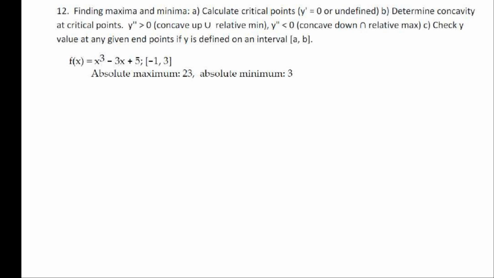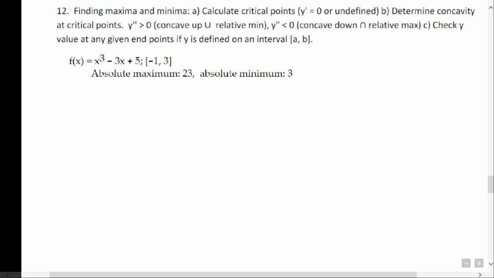Problem 12, still looking at maxima and minima, but this time we're going to look at the function over an interval from minus 1 to 3. So now we have to look at not only the points where the derivative is 0, but also where the endpoints are.